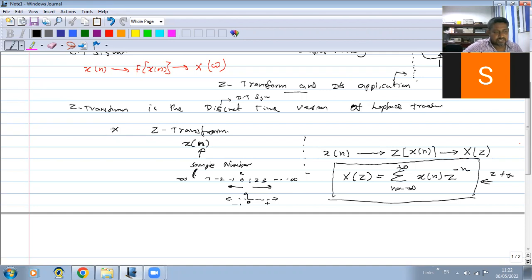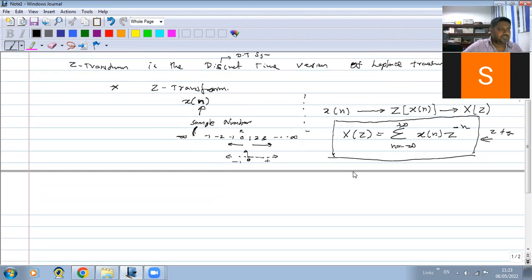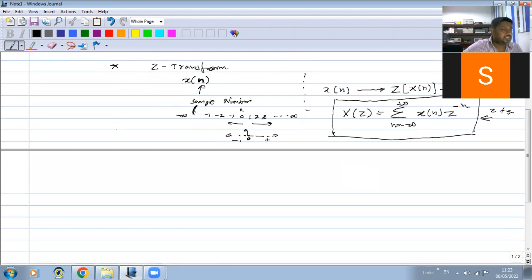So this is the formal expression for Z transformation. Also there is a formal expression for the inverse Z transform. All these things are included in your note, so after you get the idea, you can refer to the note and get a better idea about this.